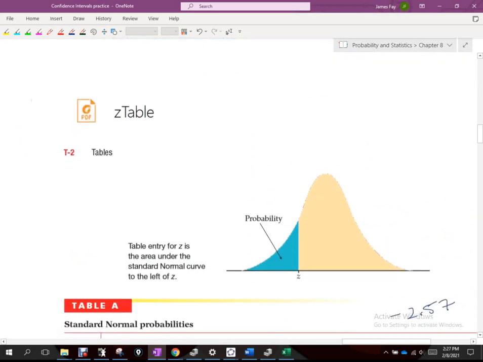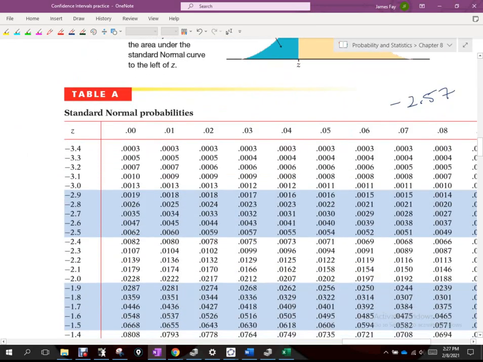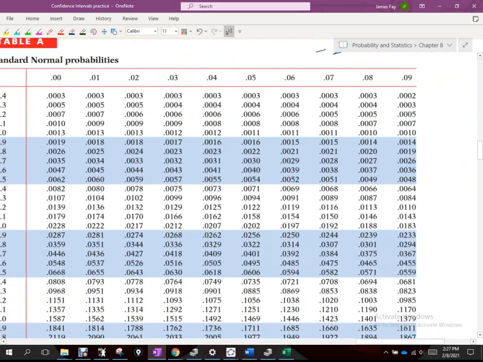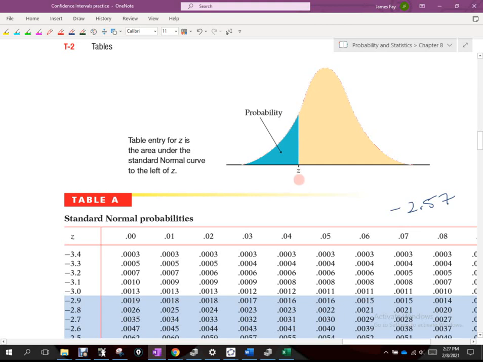So here's a Z table. We're looking for the area 0.005. That's how all Z tables are going to be constructed for the most part, cumulative to the left. So I think it makes sense to find that left-tailed area.